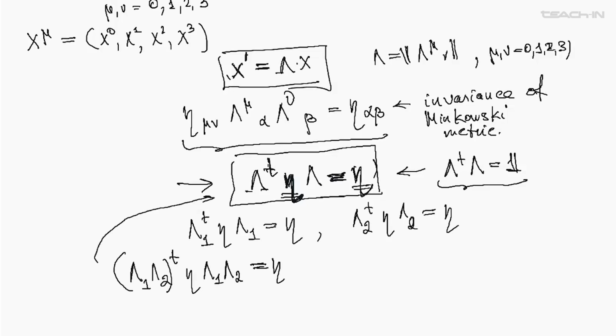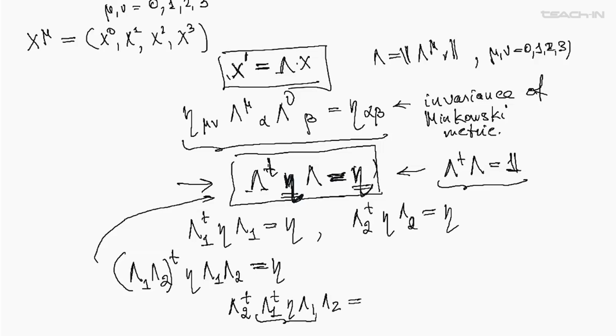But then it's easy because you see that using the transposition rule, you will get lambda2 transpose, lambda1 transpose, eta, lambda1, lambda2. But then you use the defining relation for lambda1, and you get lambda2 transpose eta lambda2.